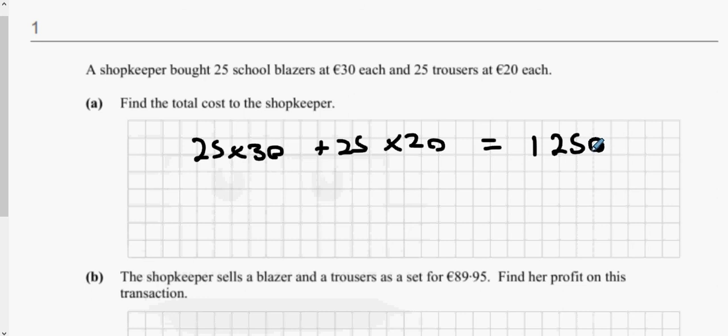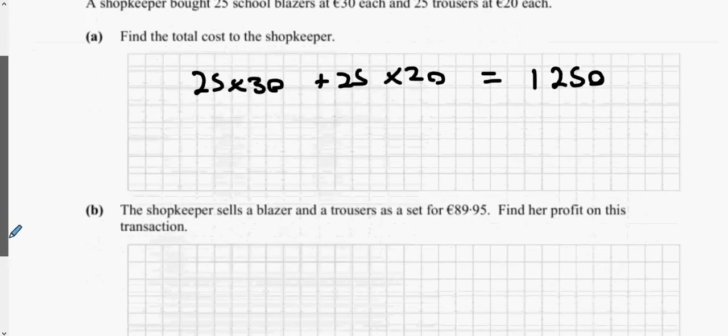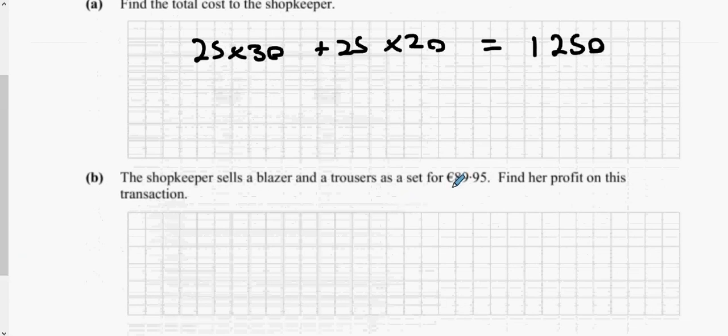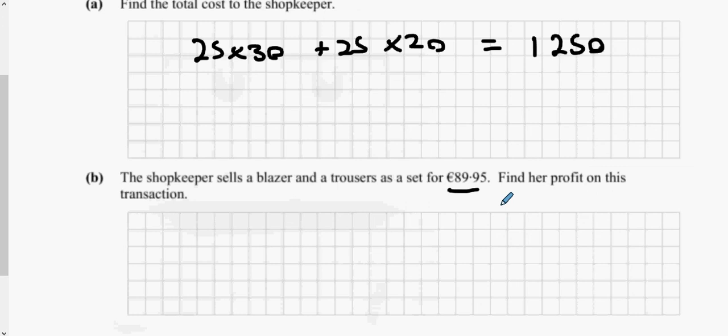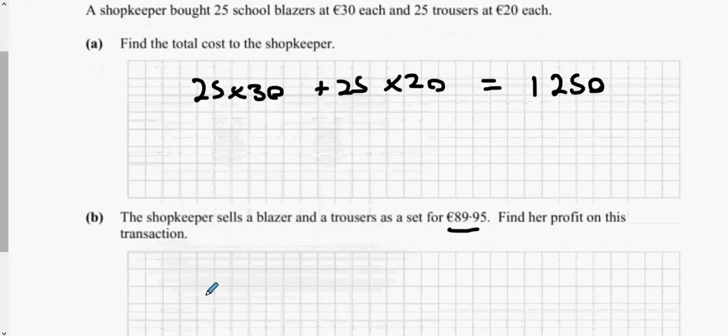Anybody else? Great. The shopkeeper sells the blazer and trousers for €89.95. Find the profit on this transaction. Connor again. Excellent.